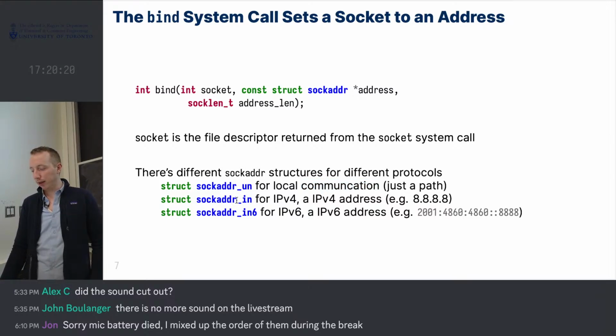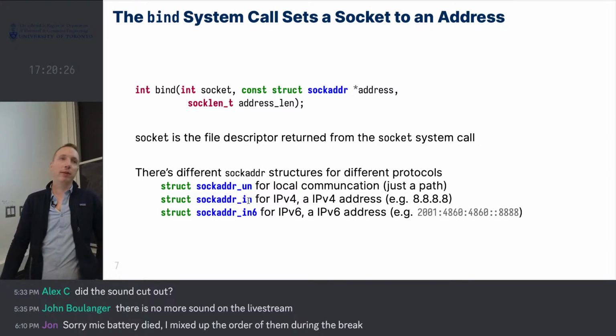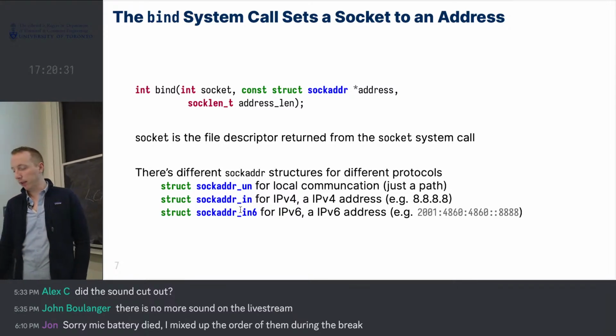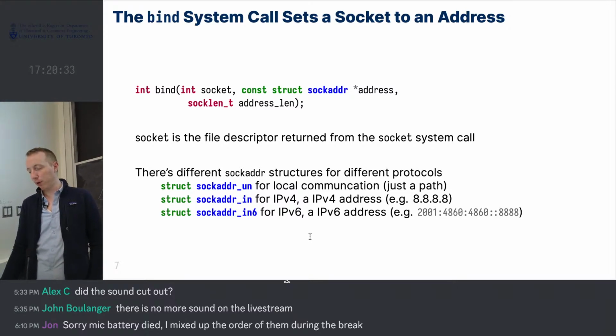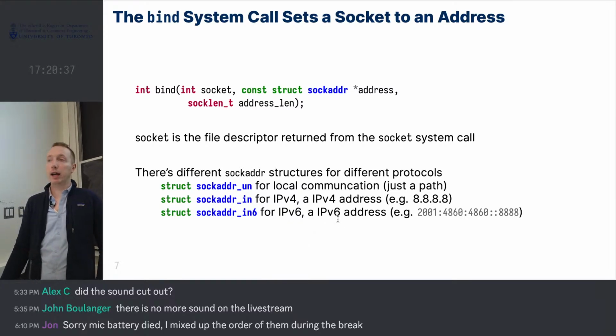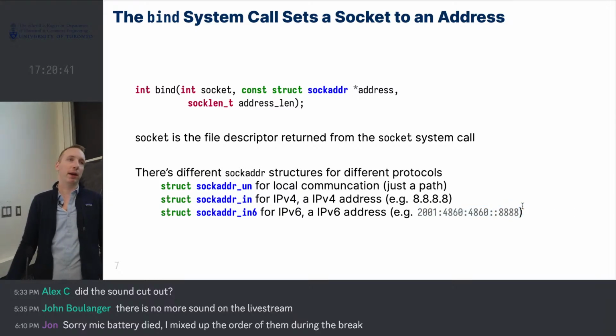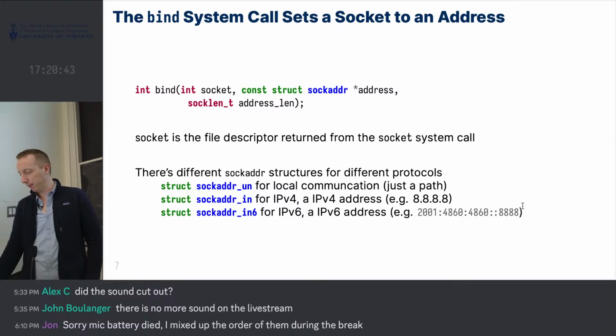Then there is sockaddr_in instead of inet. Again, I don't know why they saved 2 characters, but this is going to be an IP address like 8.8.8.8, something like that. And then inet6, or IPv6, or in6, is going to be an address that is much longer, so it'll be hex digits separated by colons, and it's kind of ugly.